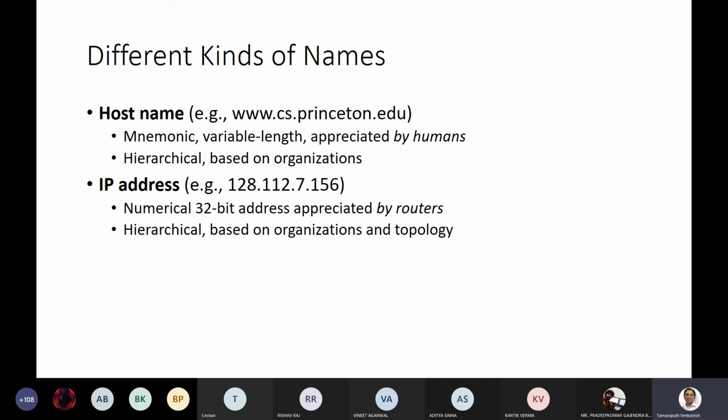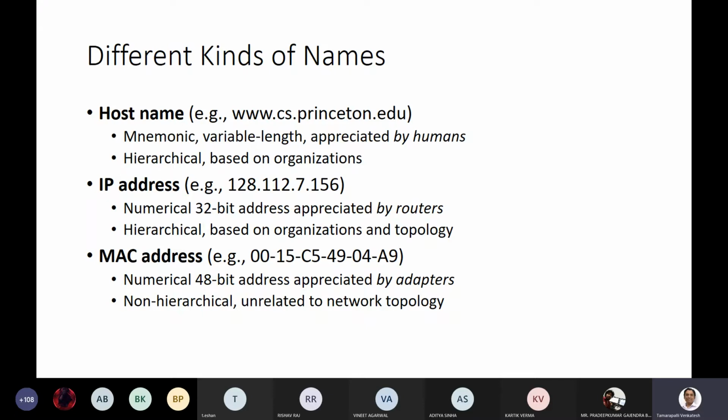Again, there is a hierarchy in them, and this hierarchy is based on the location of the device or the interface, with relevance to the organization or to the routing domain in the context of the global internet. So they cannot again be arbitrary. They have to follow a typical structure.